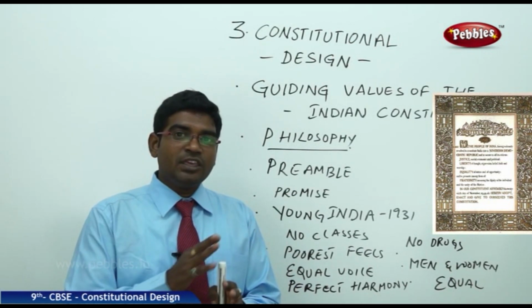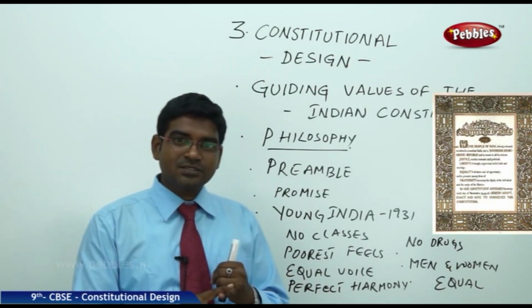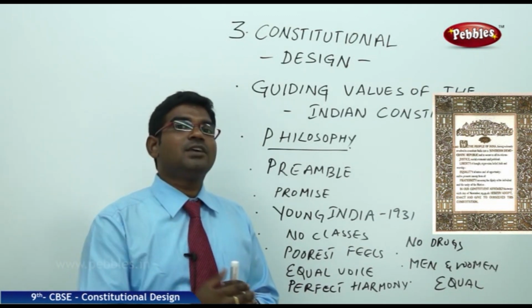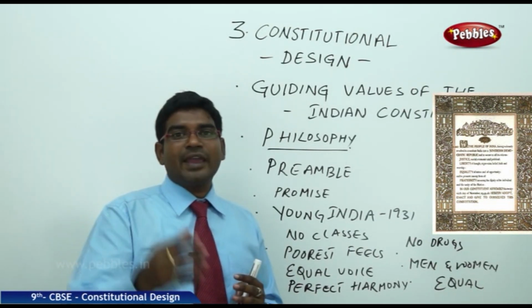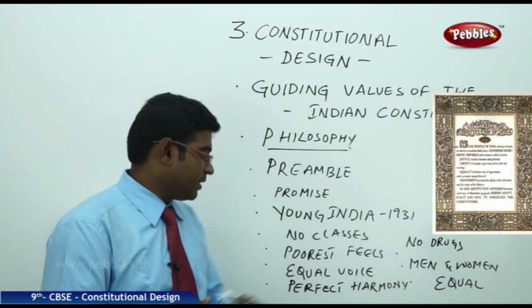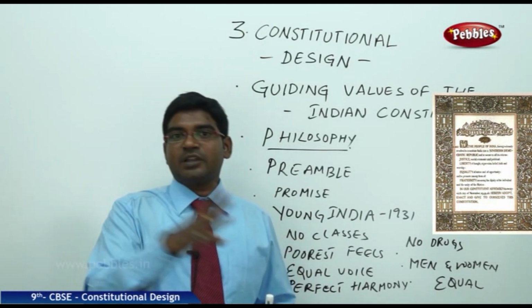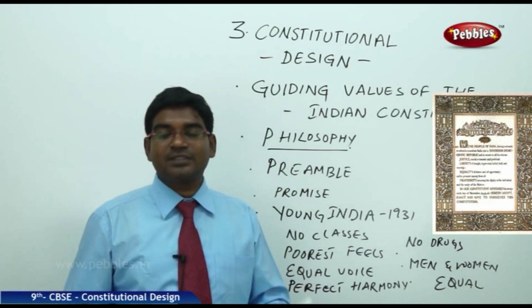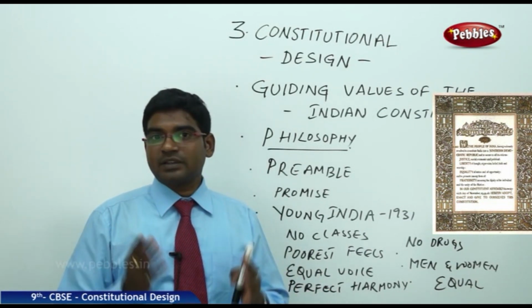He wanted no classes. He wanted the poor to claim that they are Indians. He wanted the poor to raise their voices. He wanted them to participate actively in shaping the future of the country. He wanted equal respect for all of them. He wanted perfect harmony in all the communities living together with mutual respect and concern.